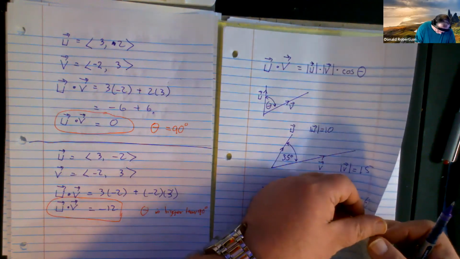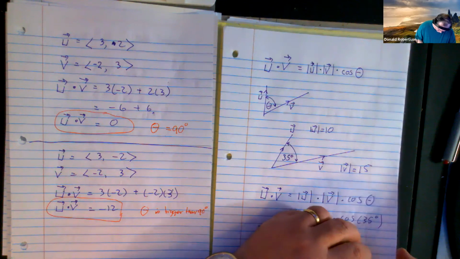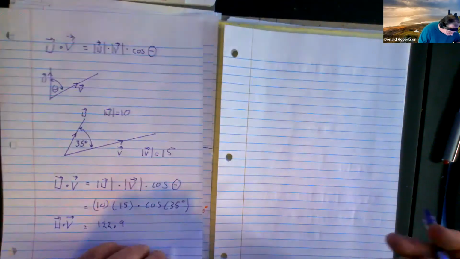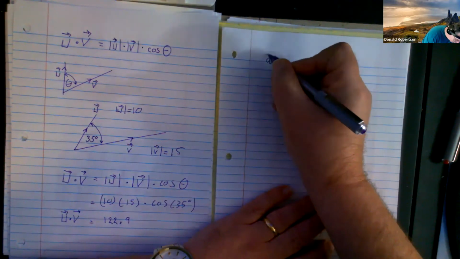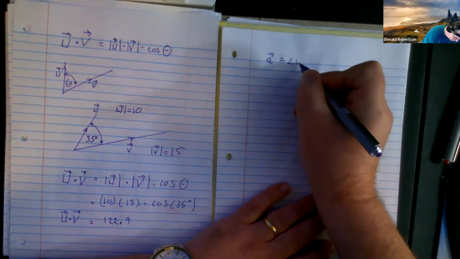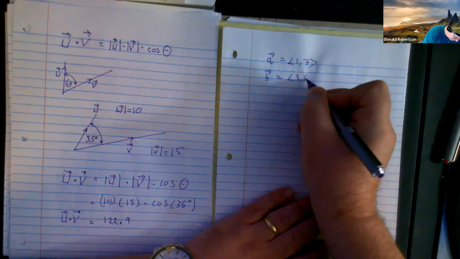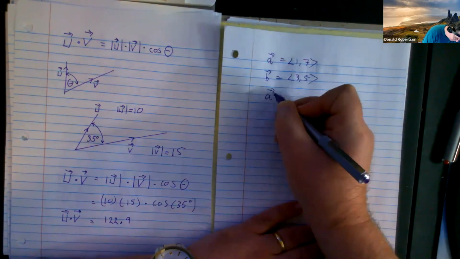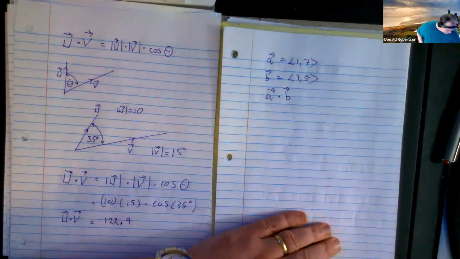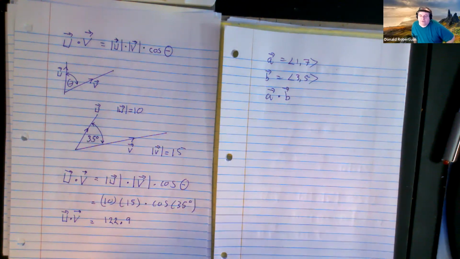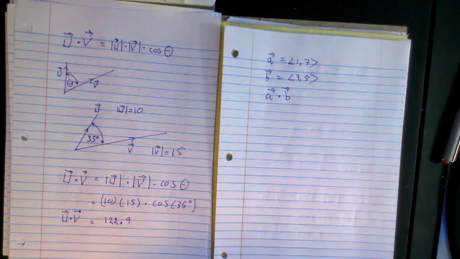For example, suppose I asked you to find the dot product of these two vectors. And I will use A and B just to be different. If I asked you to find the dot product, which formula would you use in that question? The first one we talked about.